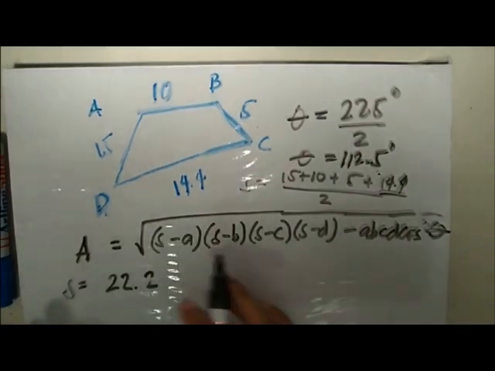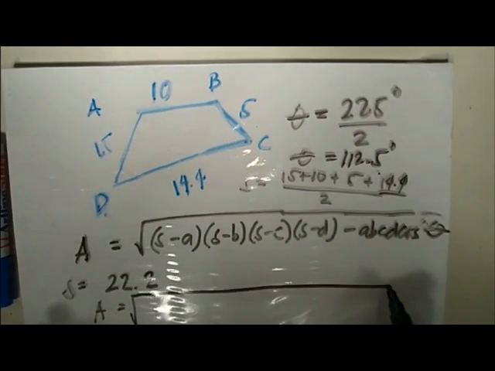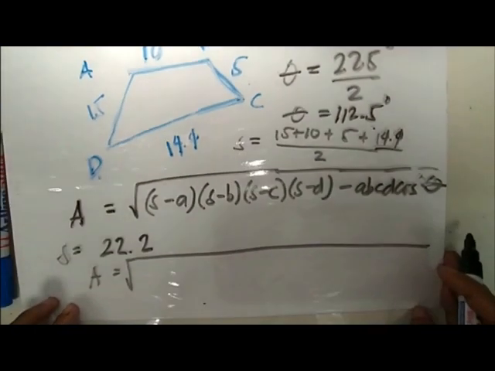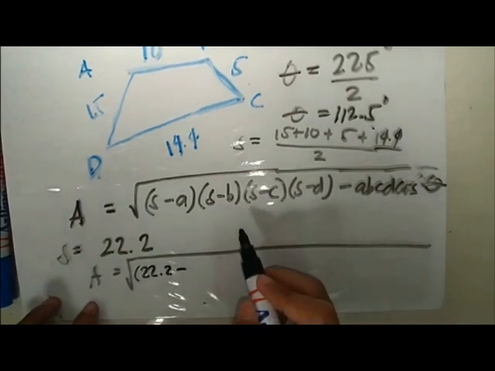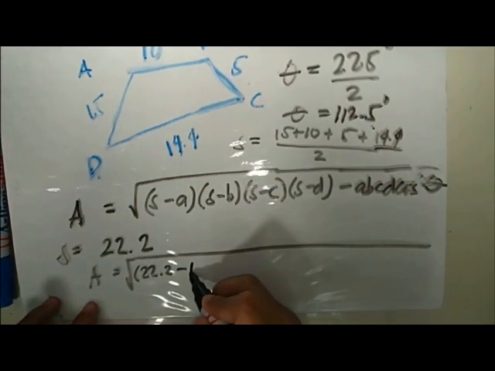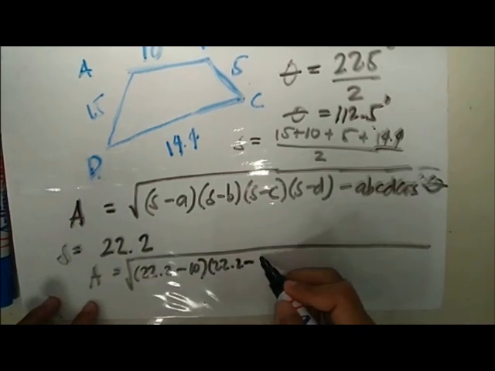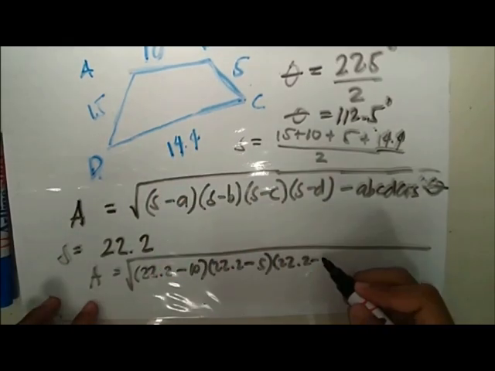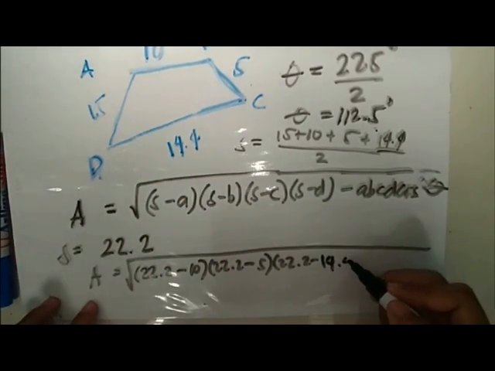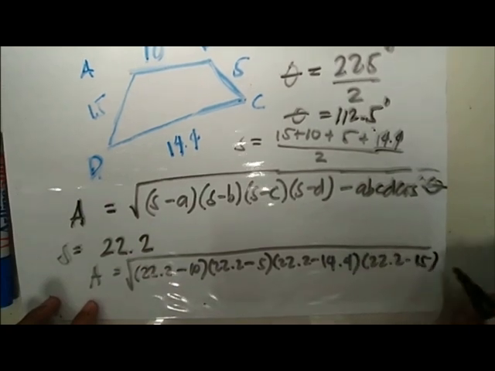So, i-apply lang natin yung formula. So, A equals square root of S, so, 22.2 minus A. So, A, let's say 10. 22.2 minus 5. 22.2 minus 14.4. 22.2 minus 15.